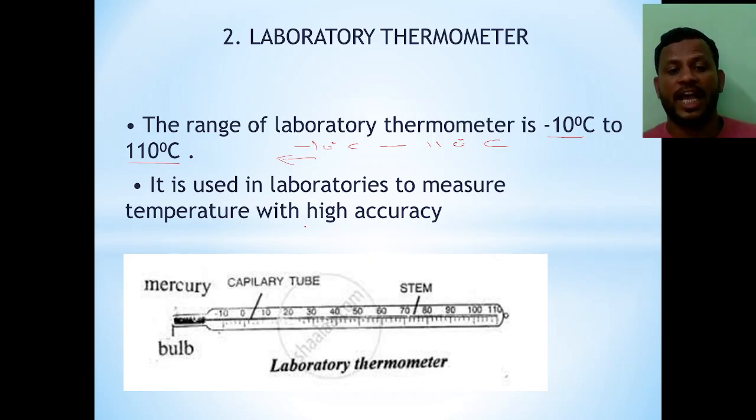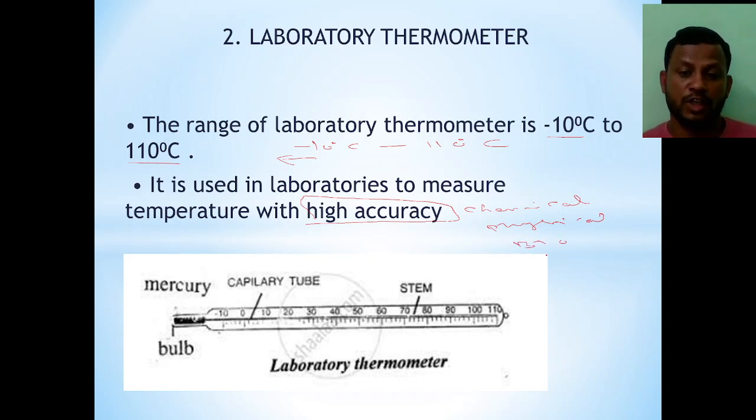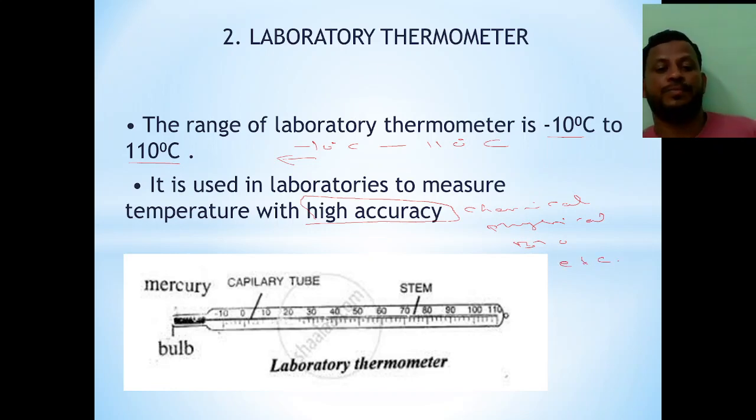It is used in the laboratory to measure temperature with higher accuracy. It is used in the chemical laboratory, the physical laboratory, the bio laboratory, and some other fields also.